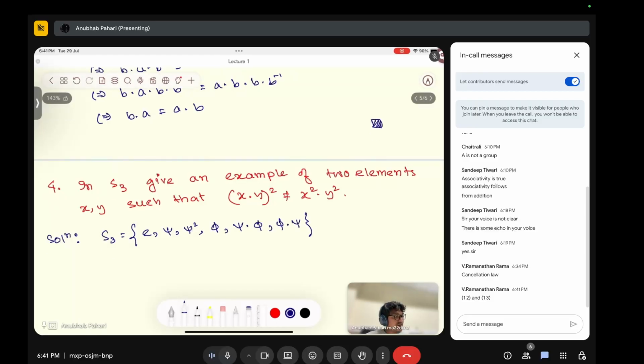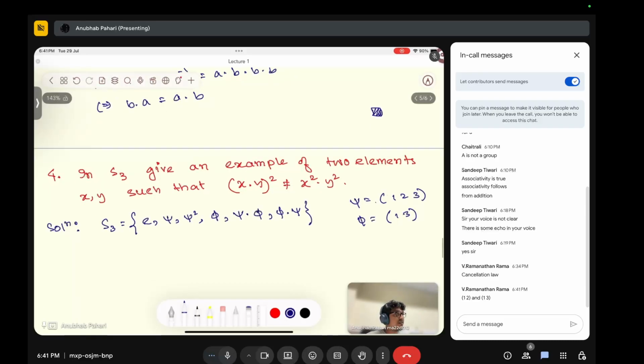Now, for those wondering what these elements are, psi should be the cycle (1 2 3), and phi can be any one of the transpositions, (1 3) or (1 2) like that.